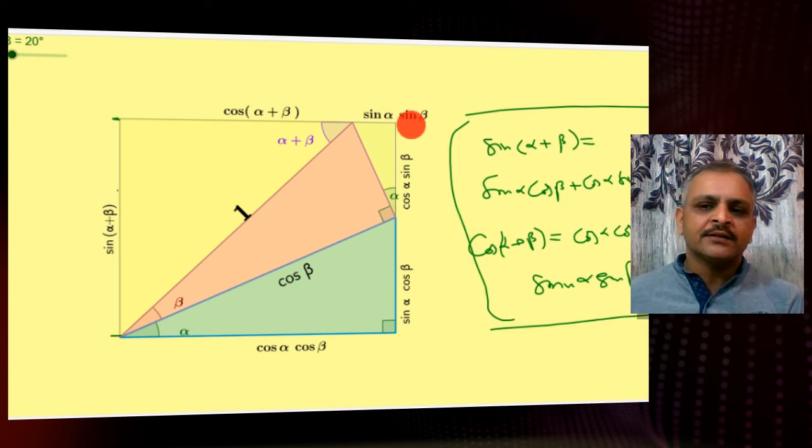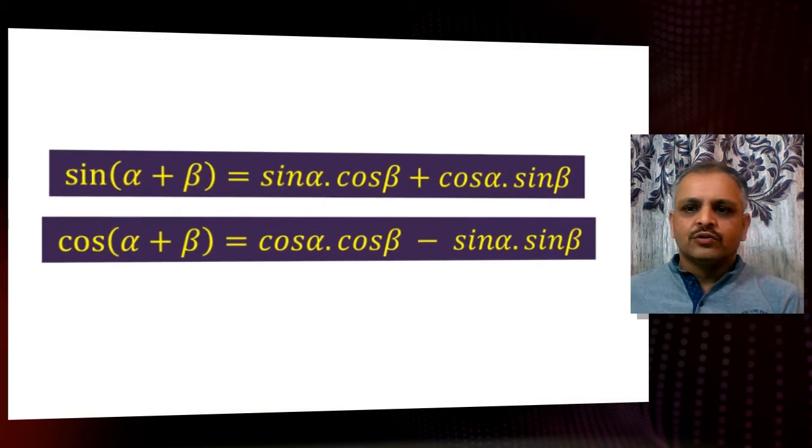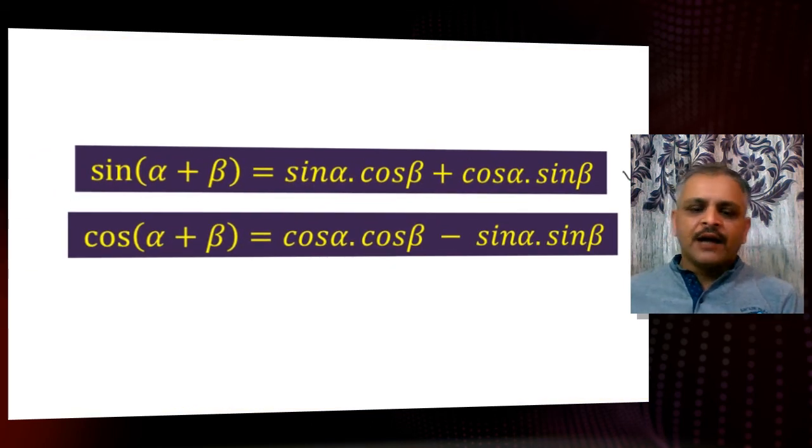If I take it to the right hand side, the result will be cos alpha plus beta is equal to cos alpha cos beta minus sine alpha sine beta. So we proved these two results, and now we will use these results to find the further new identities.